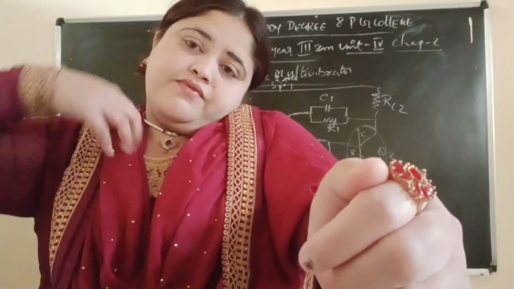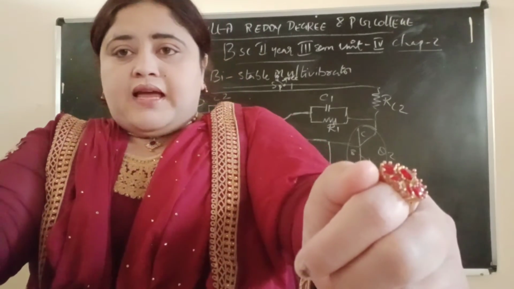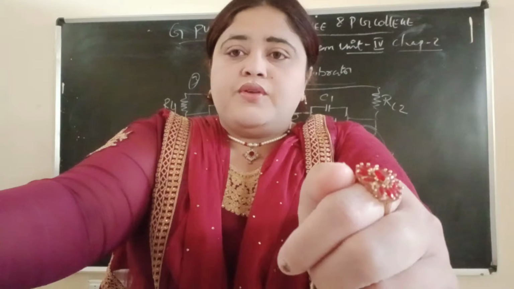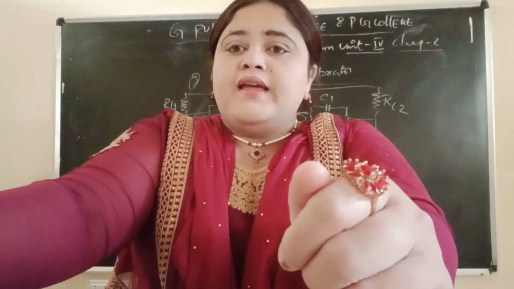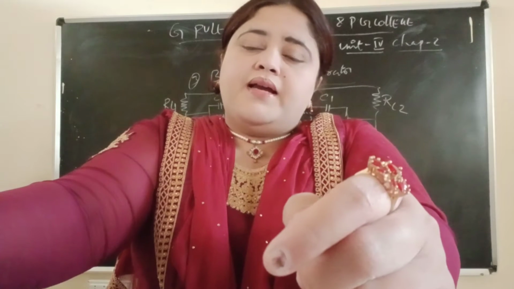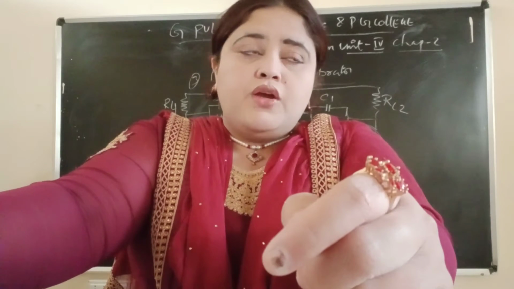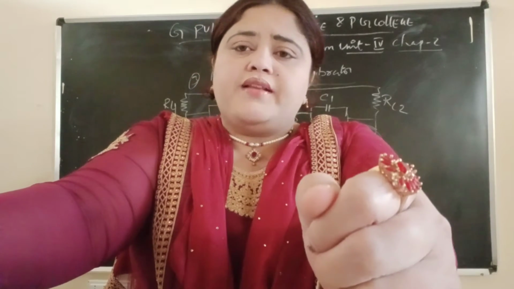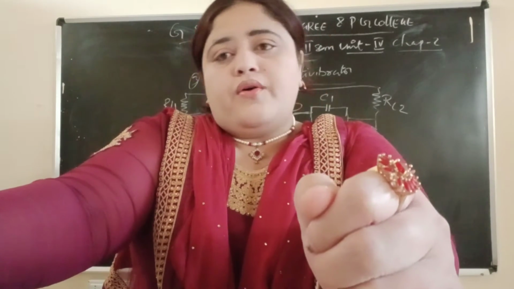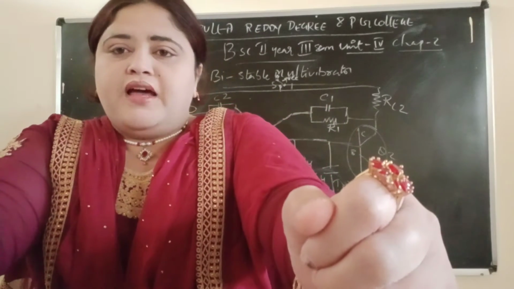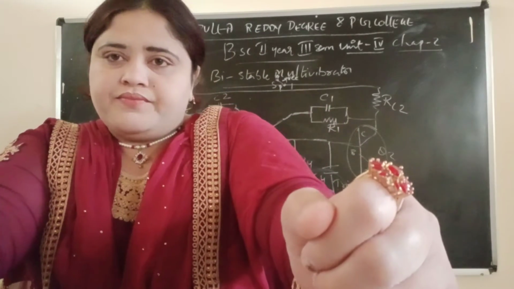Next, it has two stable states. You can change the state of either transistor by sending a trigger, because both transistors need a trigger pulse. So you can change either Q1 or Q2, your wish, by sending the appropriate trigger.